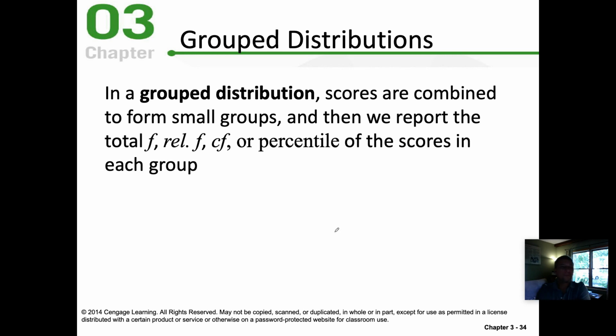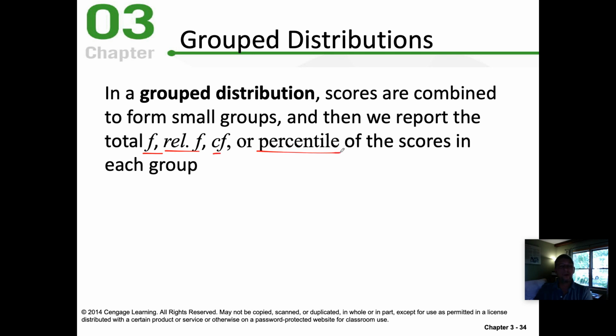Okay, and so in a grouped distribution, scores are combined to form small groups, and then we go through and report on the total frequencies, the relative frequencies, the cumulative frequencies, and percentiles.